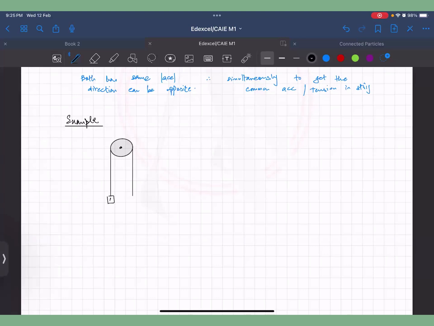Let's suppose this is particle A, this is particle B, and they are held 2 meters from the ground.